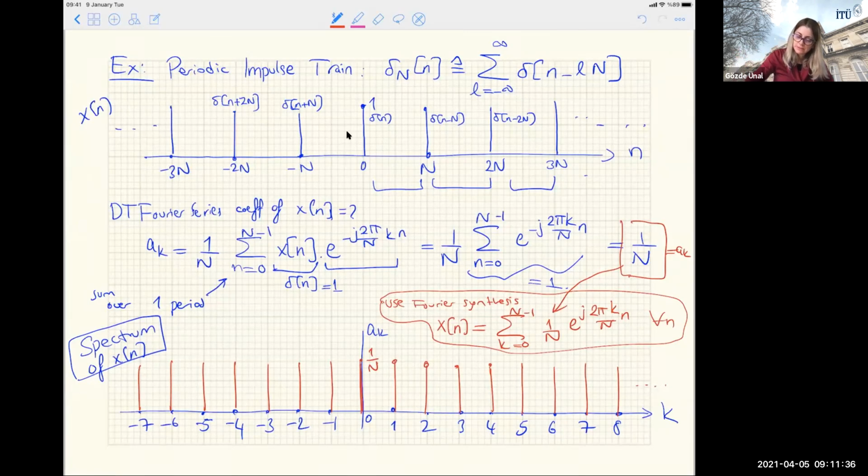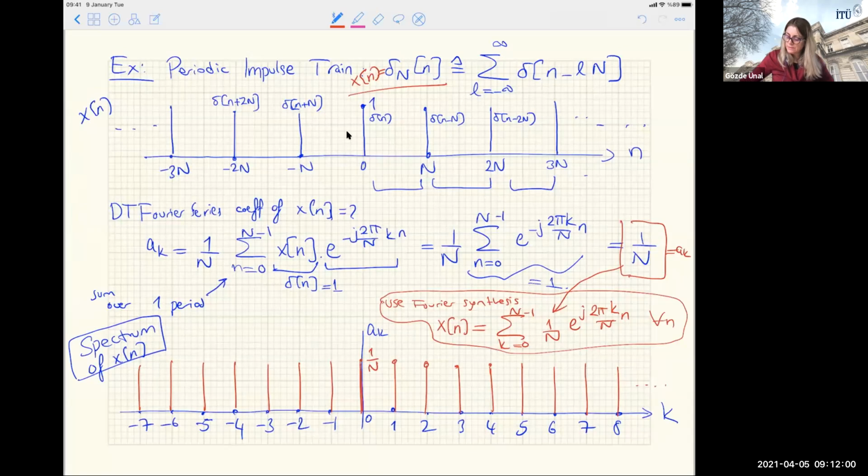So actually here, guys, this was X of n, right? This is the definition of the impulse train using the shifted impulses, in a way. It's a sum of shifted impulses. I can also represent it in terms of the basis functions, as you see here. So I think that's nice.